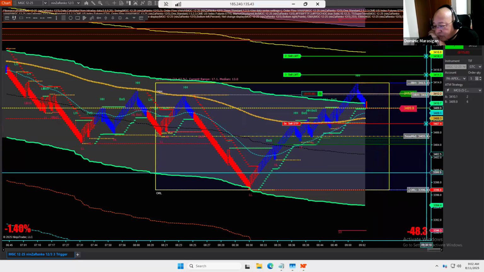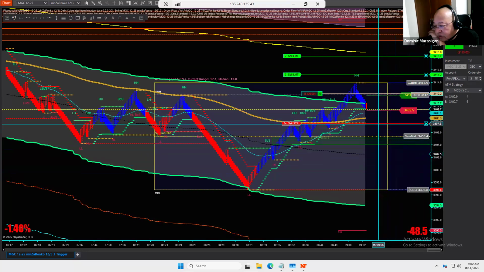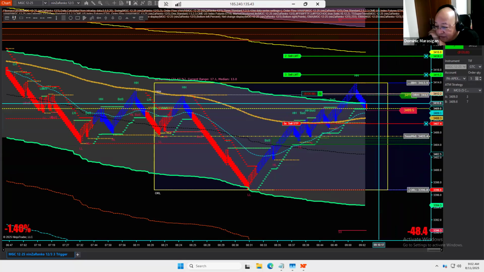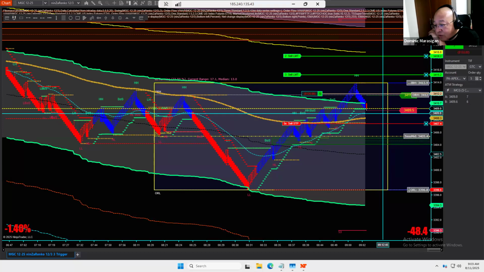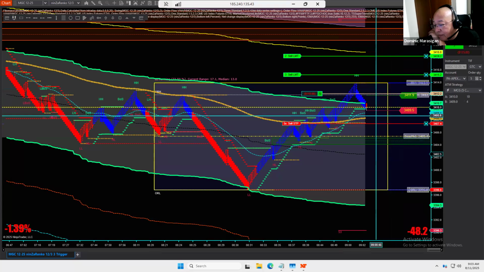It's mostly trying to reverse. Once it hits this, it's going to give me chances: either bounce off the -1, or bounce off the SuperTrend, or bounce off the 55 EMA, or bounce off the 233. It's giving you all these chances for the price to pull back up.